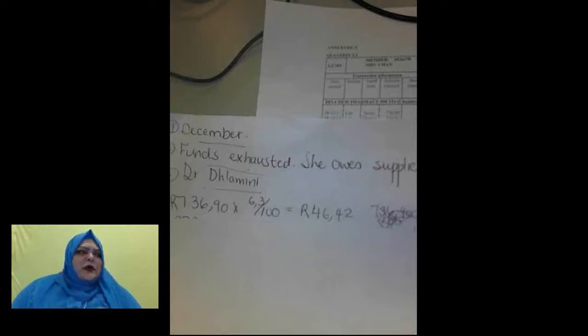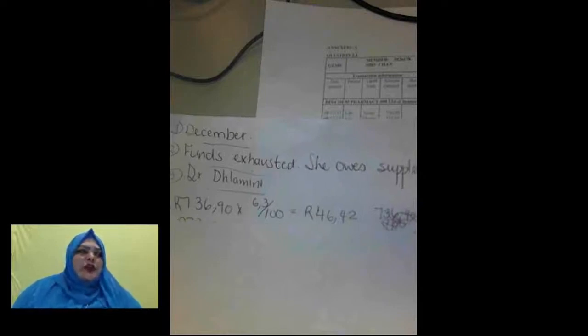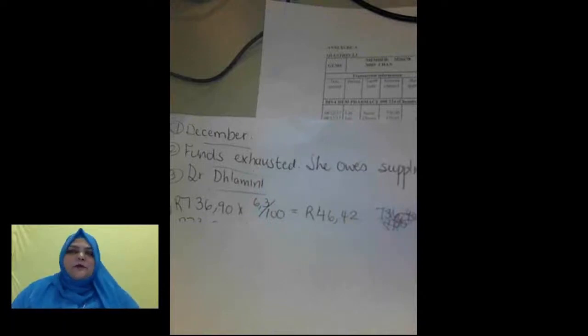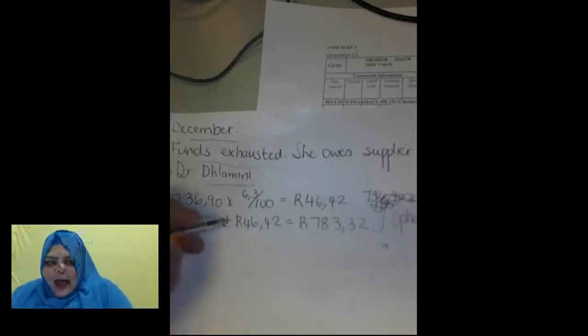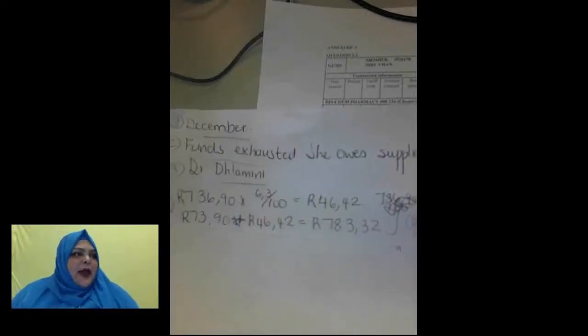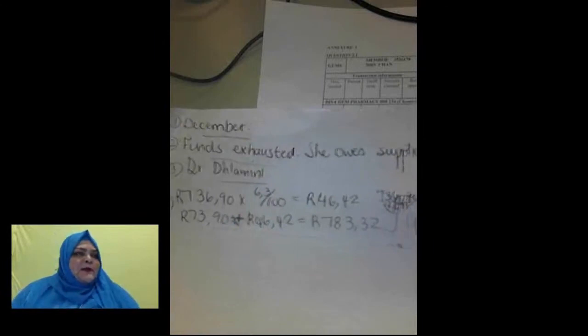So there you get your 46 rand 42, and this is where the learners usually leave the question. That's the answer, so it's 46 rand 42. But what is the question asking you? What is the new price if the price increased by 46 rand 42 cents? So there is an additional step, and that is to add my percentage.